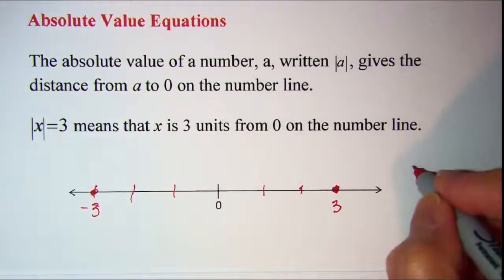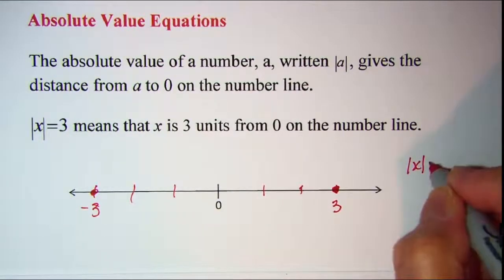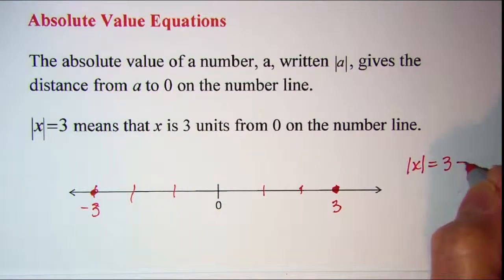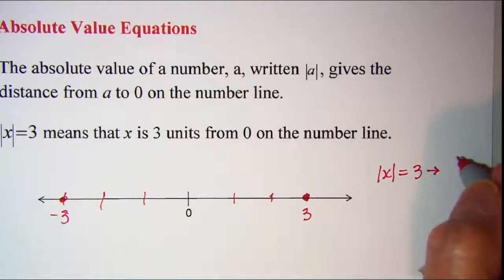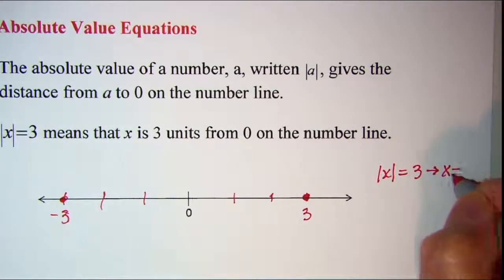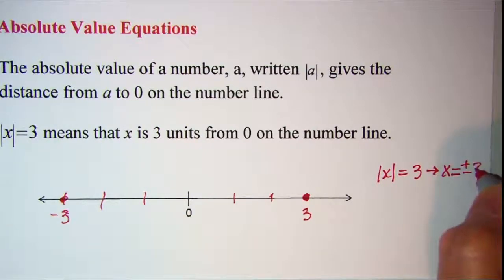So the absolute value of x equals 3 means that x is equal to plus or minus 3.